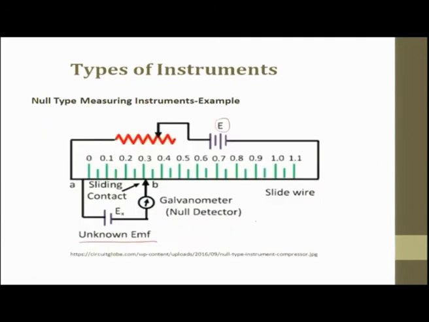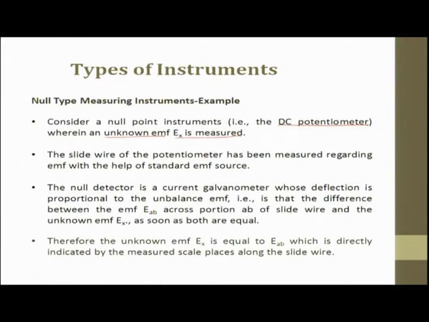So, if you go back and see, where is Ex, EAB. Therefore, the unknown EMF Ex is equal to EAB, which is directly indicated by the measured scale placed along the sliding wire.